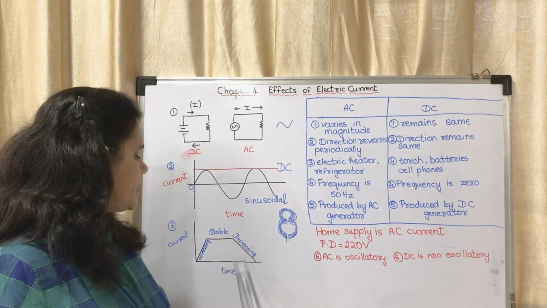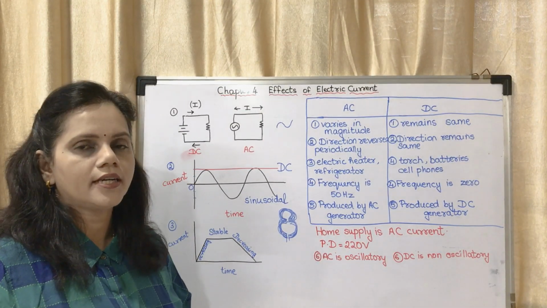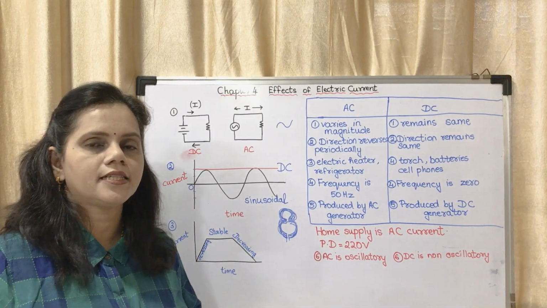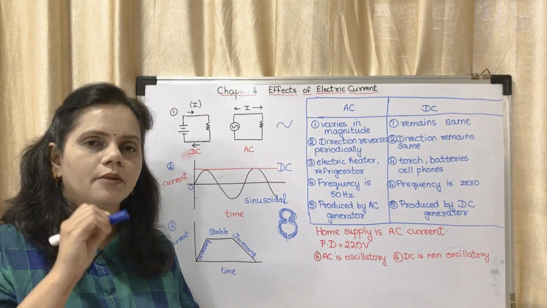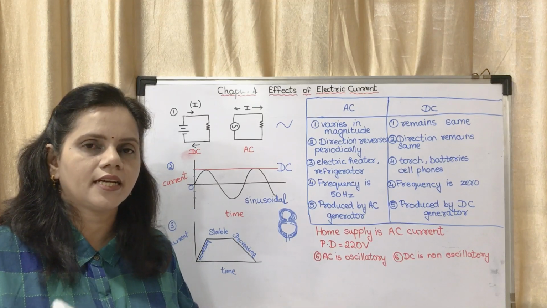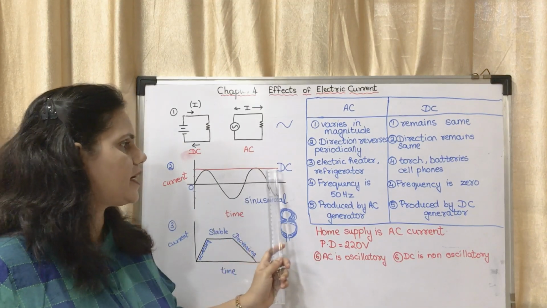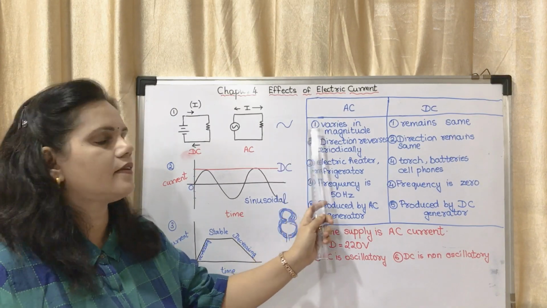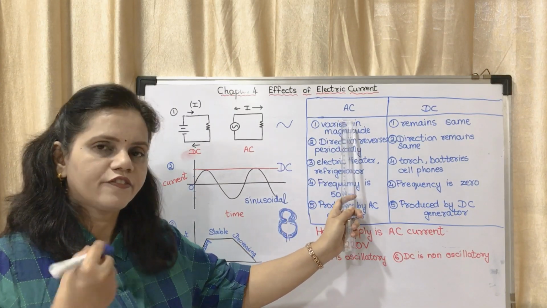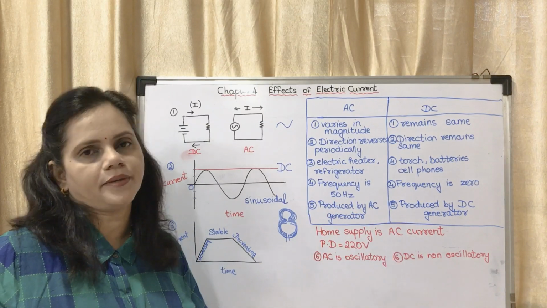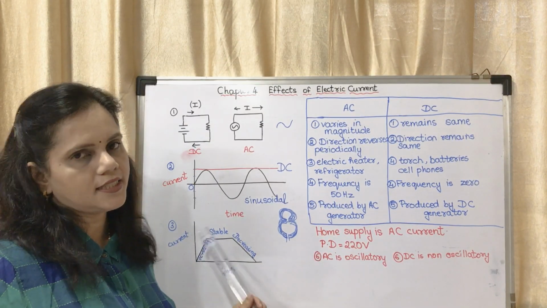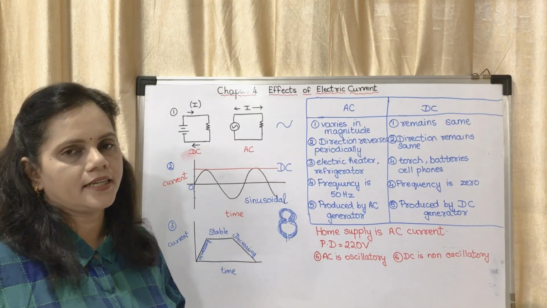Now this graph shows about DC current. If you are using the DC current for a continuous period of time and you are increasing it, then it will go up and then will go stable. And if you are switching it off, then it will come down. That is the graph. The increasing DC, stable DC, and decreasing DC.